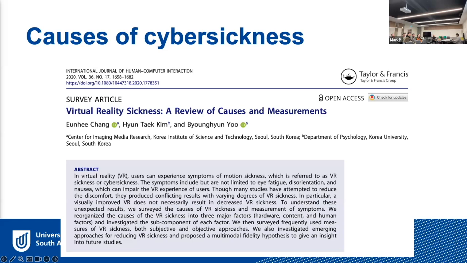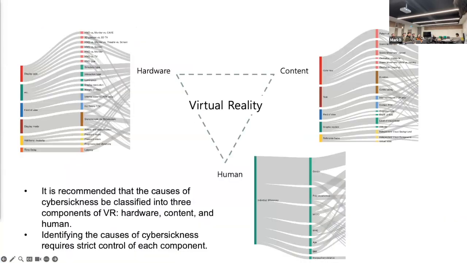So I surveyed thoroughly the previous articles, and found that there are many suggestions that some factors are related to cybersickness, but if we want to clarify that, we need to separate them into three. One is hardware-related factors, second is content-related factors, and third is human-related factors.